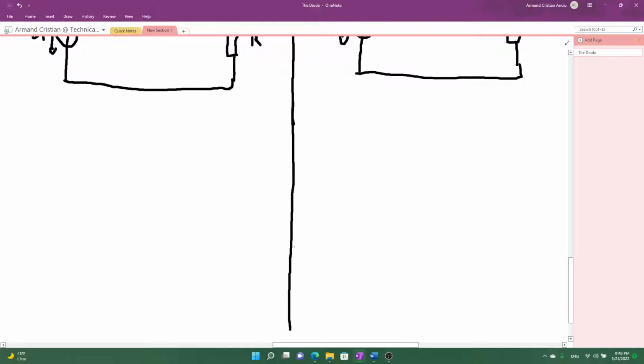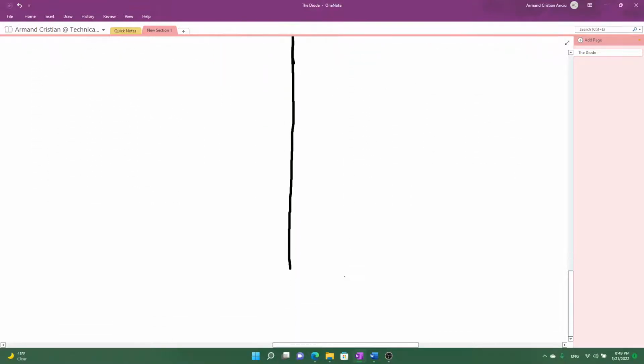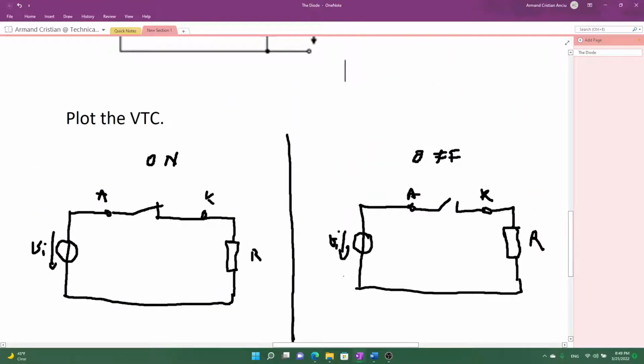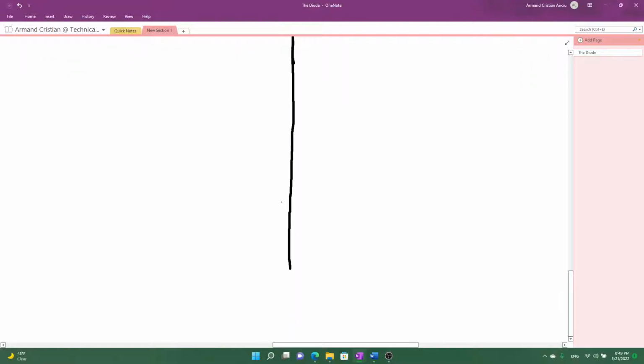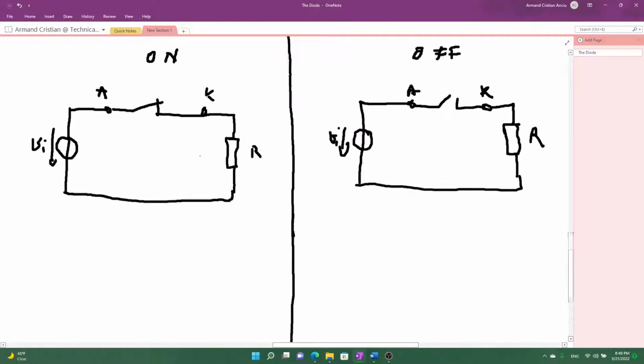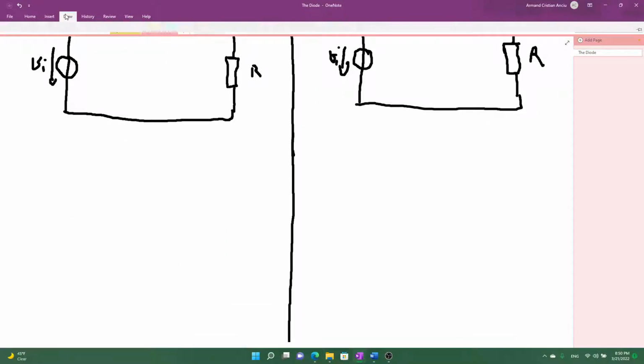Now that we have the states of the diode and we've also drawn the equivalent circuits, we can start to consider the behavior of these circuits based on how the diode behaves. So for the on state of the diode, our diode becomes basically a short circuit.